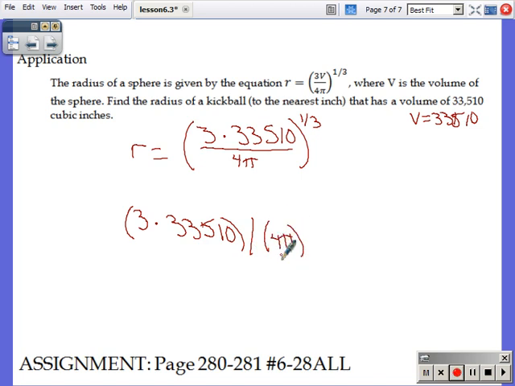I need to put that 4 pi in a set of parentheses. If not, my calculator will follow the order of operations and take 3 times 33,510 and divide it only by 4, multiply it by pi. No, you want the whole thing. But that whole thing needs to be raised to the 1/3. A lot of parentheses are needed in there.